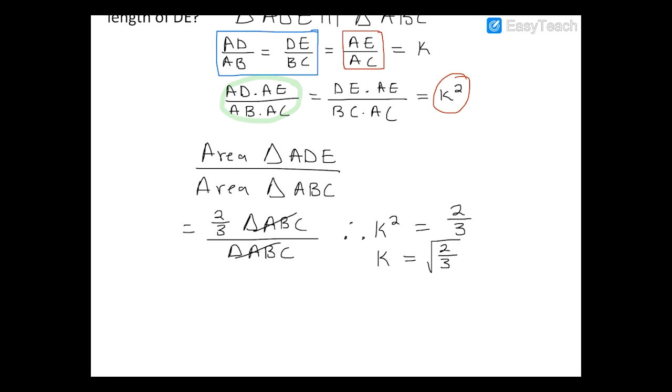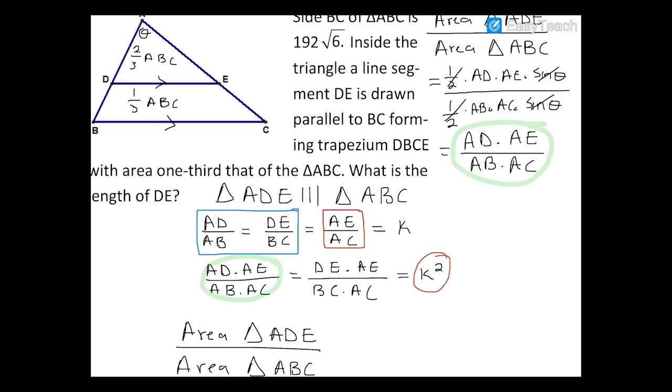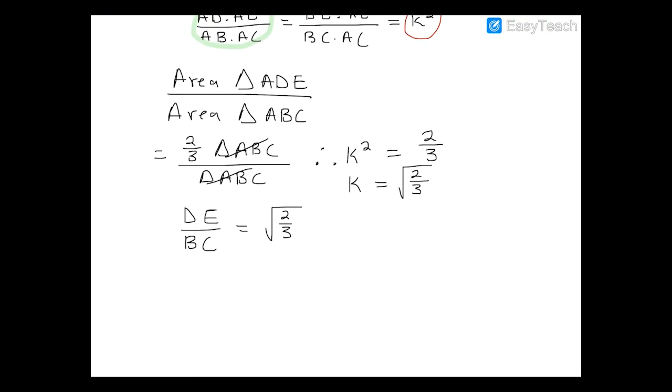Now, if we take side DE divided by side BC, we should get the square root of 2/3. Okay, but we do have BC as 192√6.